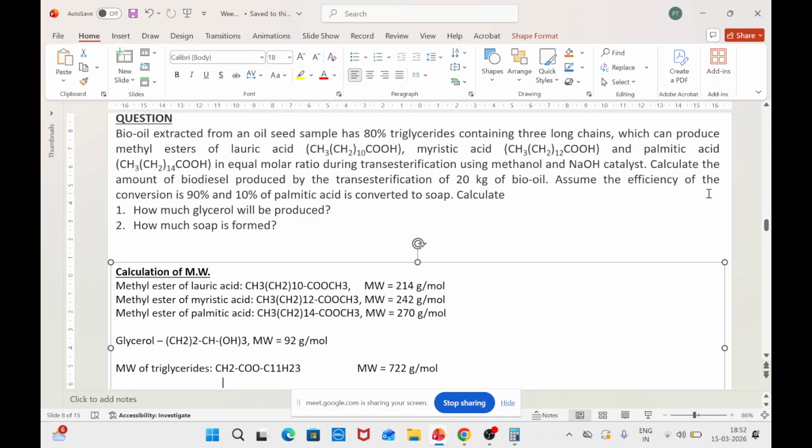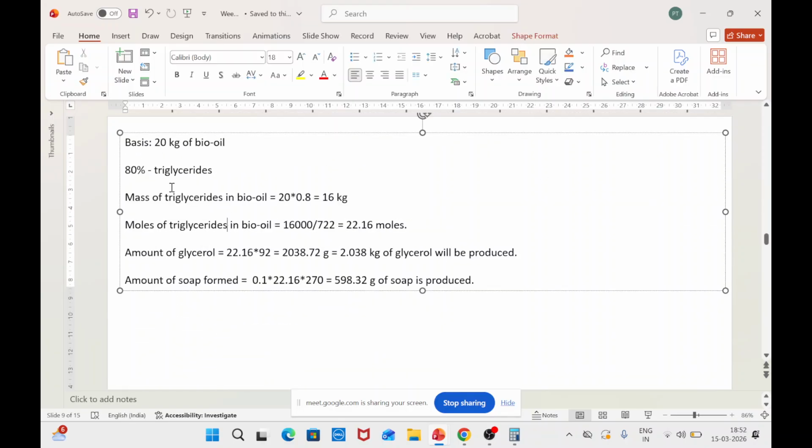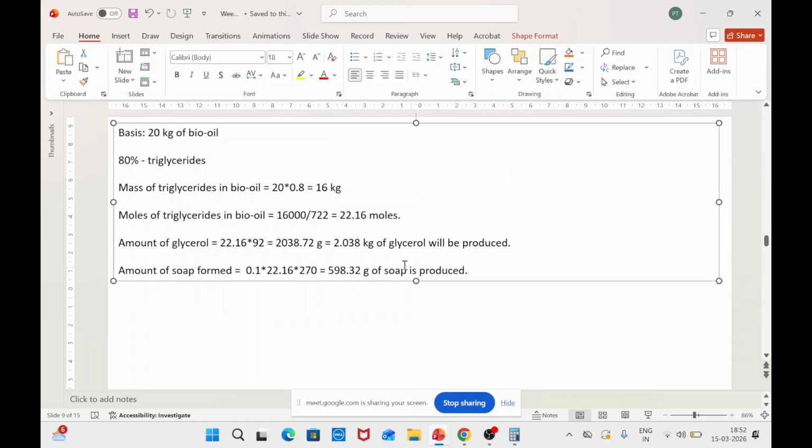It says to assume the efficiency of the conversion is 90%. But in the answer that we solved and got, we didn't account for that 90% conversion. What we wrote here is for 100% conversion efficiency.